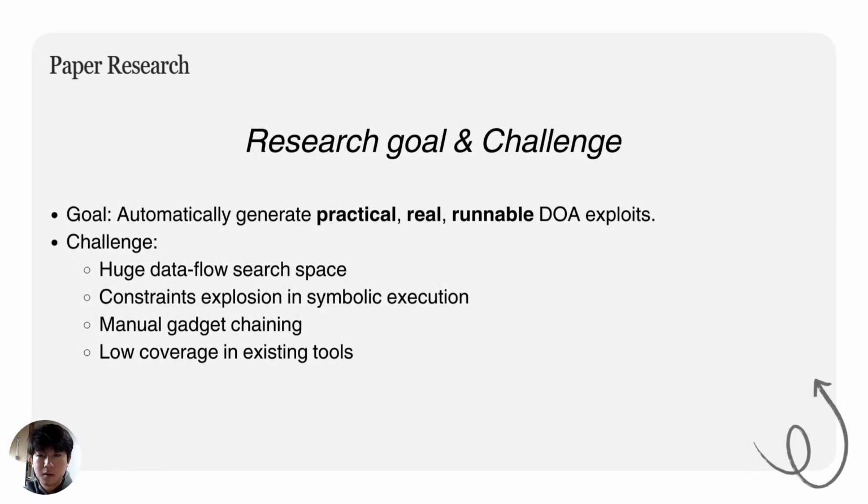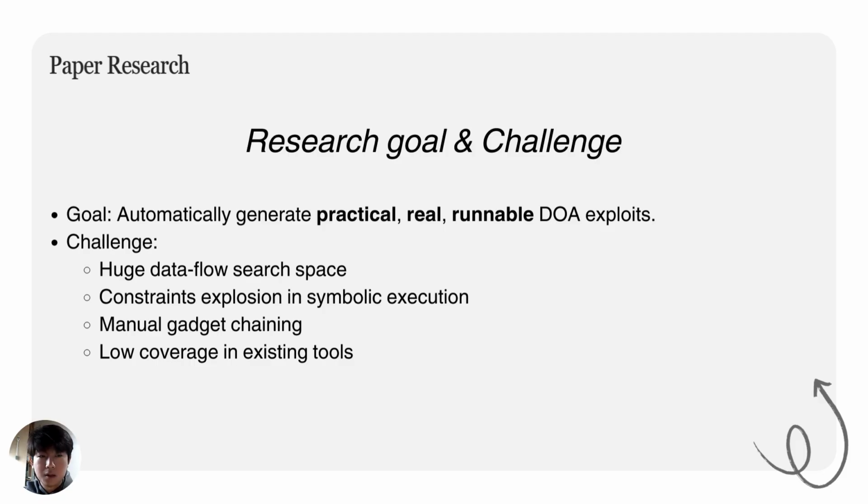This paper focuses on making data-only attacks practical and automatically generatable. Traditional DOA research relies heavily on symbolic execution, which suffers from state explosion and low scalability. The key contribution of the paper is Einstein, a lightweight exploitation framework that uses dynamic taint analysis instead of symbolic reasoning.